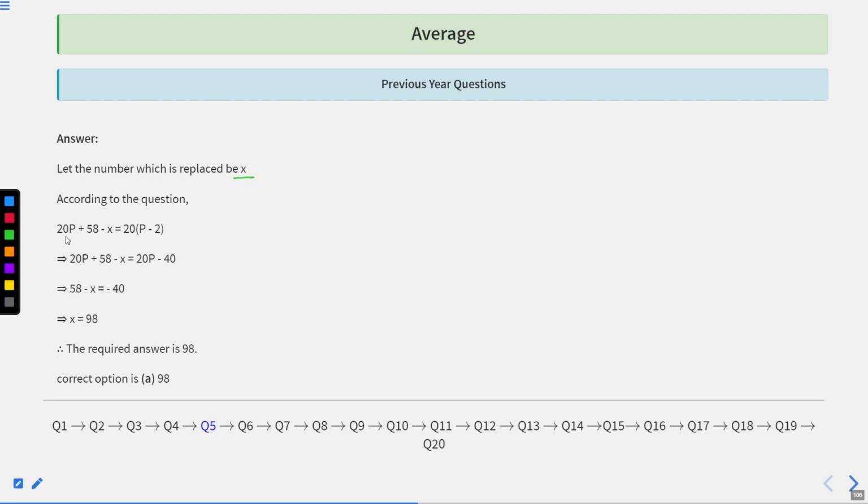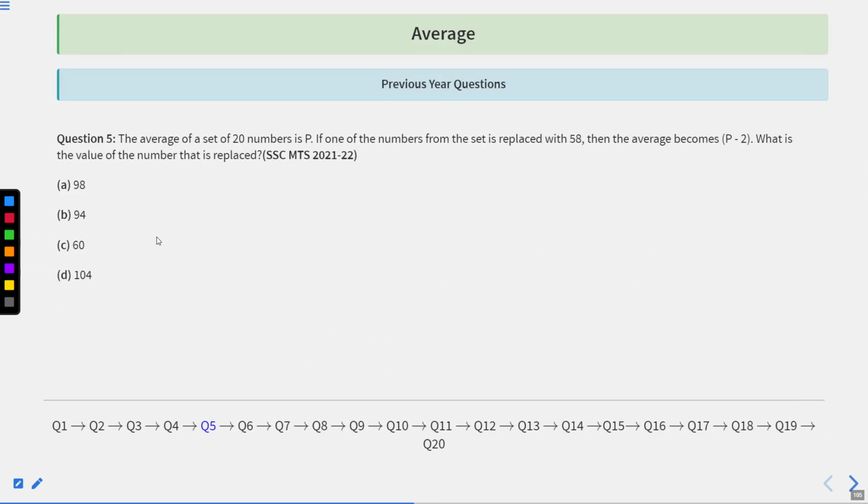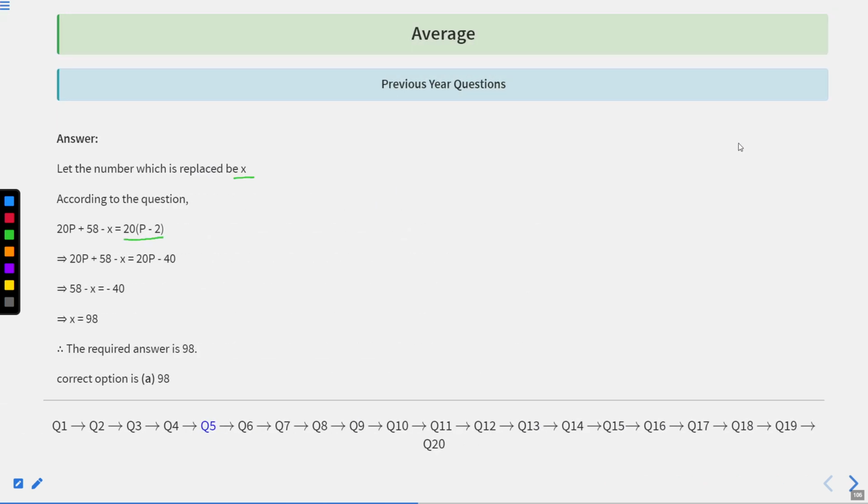So according to the question, 20p plus 58 minus x is equal to 20 times p minus 2. So that is the sum of p minus 2 values, p minus 2 times 20. That is already given because when a value was replaced, the average becomes p minus 2. This is given in the question.